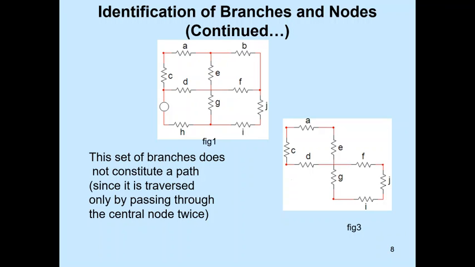Here, this A, C, D, E, F, G, A, I, G is a closed path, but the current is passing through the central node twice, so it cannot constitute a path. See again here, these two become separate loops, but not a single path.